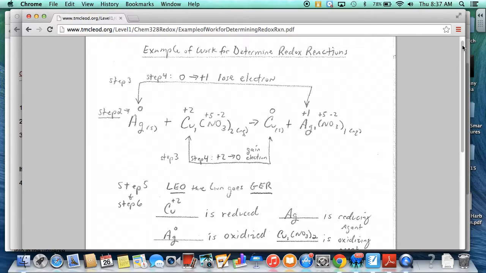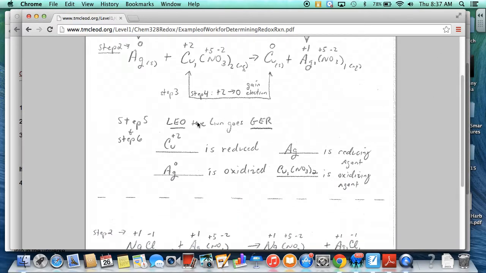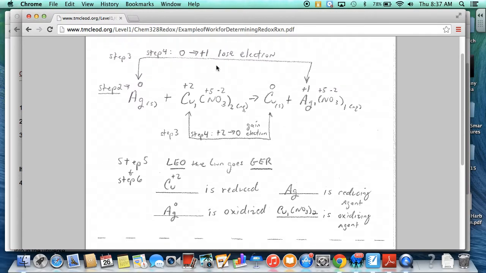As you know, Leo the lion goes GER: losing electrons is oxidation. So if you go back up here, that's why you write lose electrons, and you can write the little e with a negative sign instead of the word electron. So this silver, Ag0, and again, you only write down reactant information here, is being oxidized because it's losing electrons.